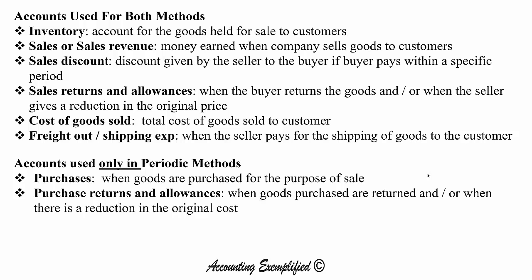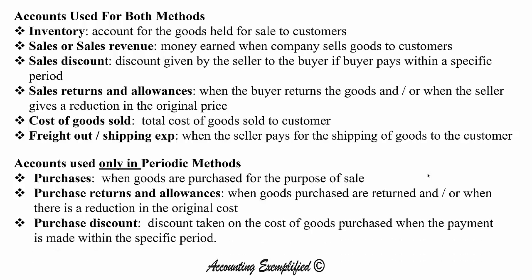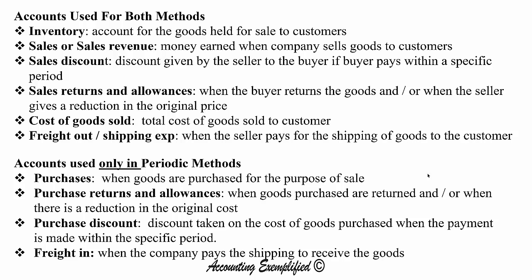When the retail company returns the goods purchased, or when there is a reduction in the original cost the supplier charged to the retail company. Purchase discount. This is the discount taken on the goods purchased when the payment is made within the specific period. And freight in. When the company pays the shipping to receive the goods. So these are the accounts that are used only in the periodic method.